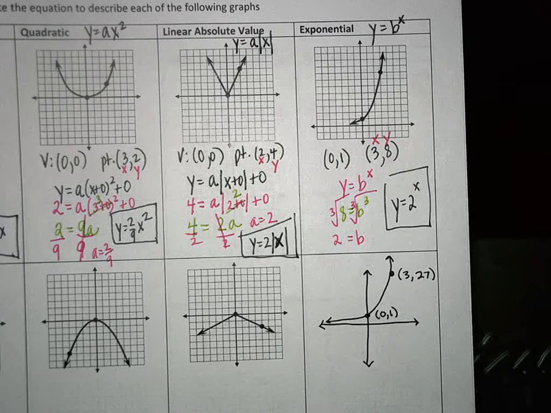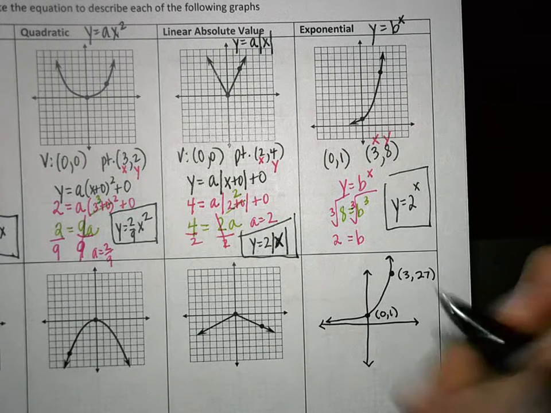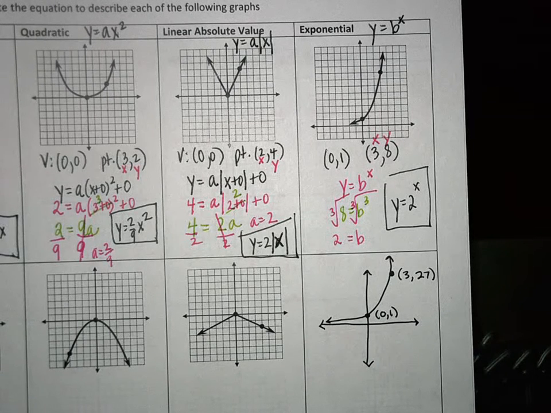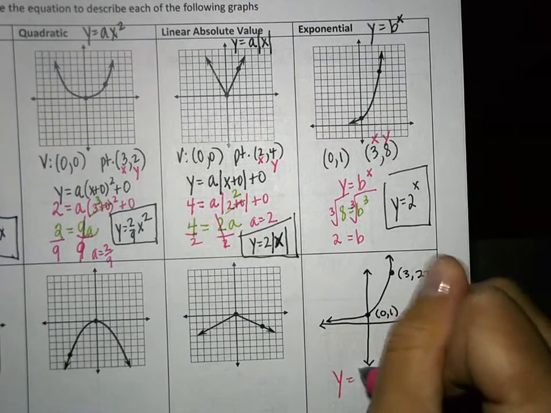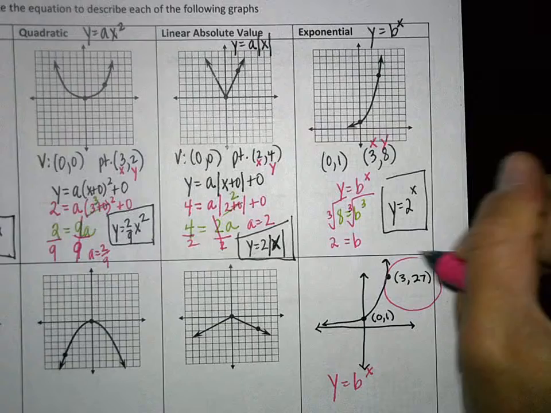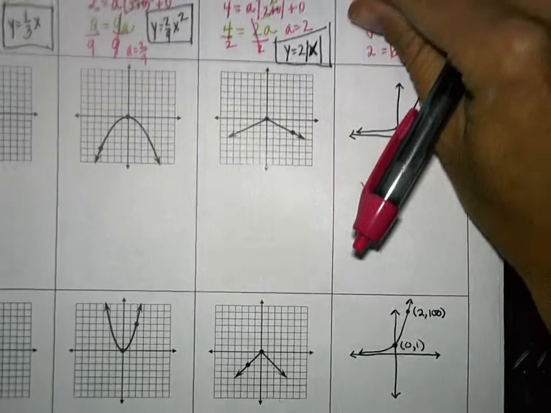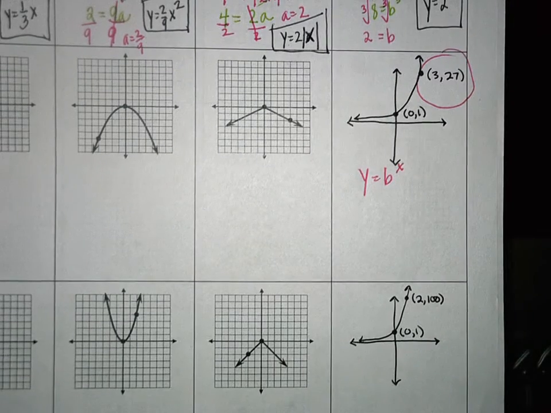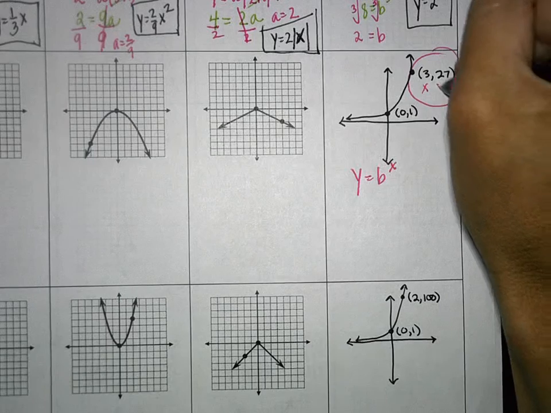Okay, so the correct answer is y equals 3 to the x power. So, this equation starts out as y equals b to the x power. We have this point right here, and that is your x and your y.